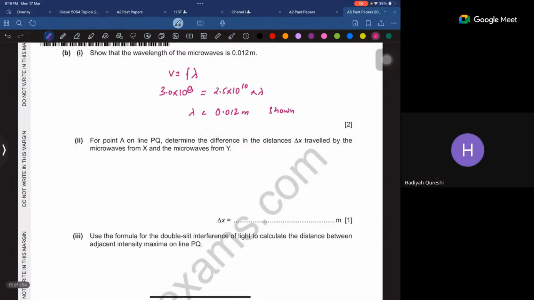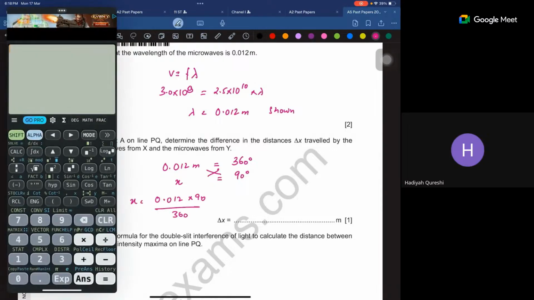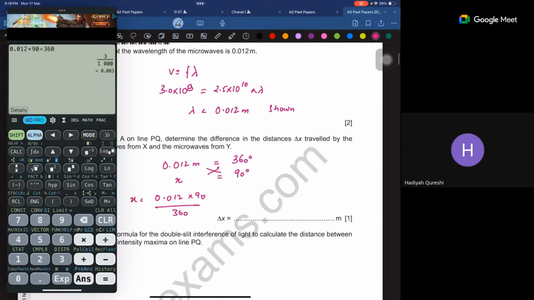So you know that 0.012 meters is equivalent to 360 degrees phase difference. So how much difference would be in 90 degrees? I'm going to cross multiply. It's 0.012 times 90 divided by 360, and that is 0.0030. So that should be the answer.